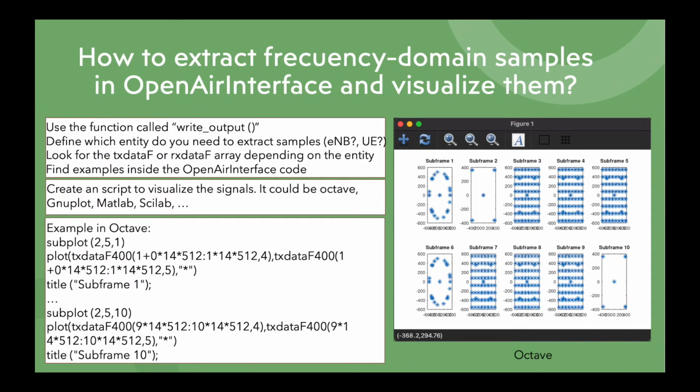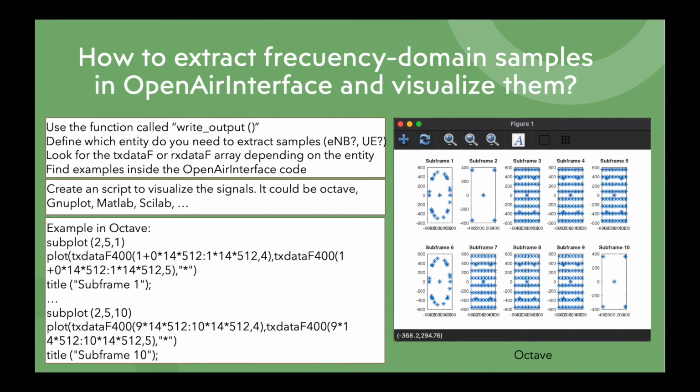So now the question is, how could I get those frequency domain samples? How could I extract that information in OpenAirInterface and visualize it? So first you need to use the function called writeOutput. Second, define which entity you need to extract samples from.